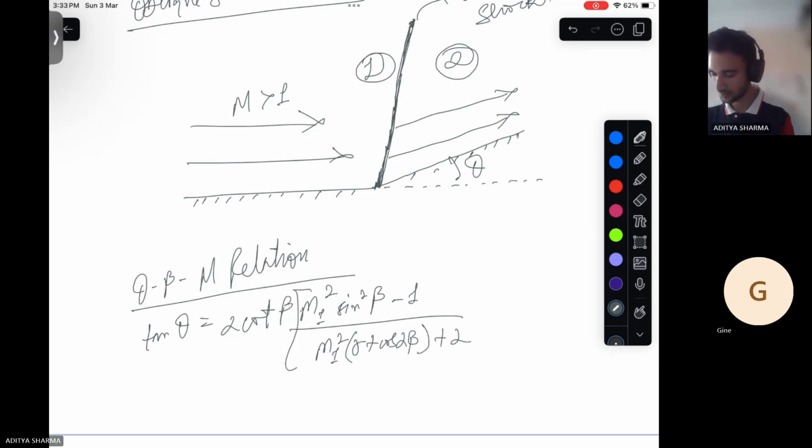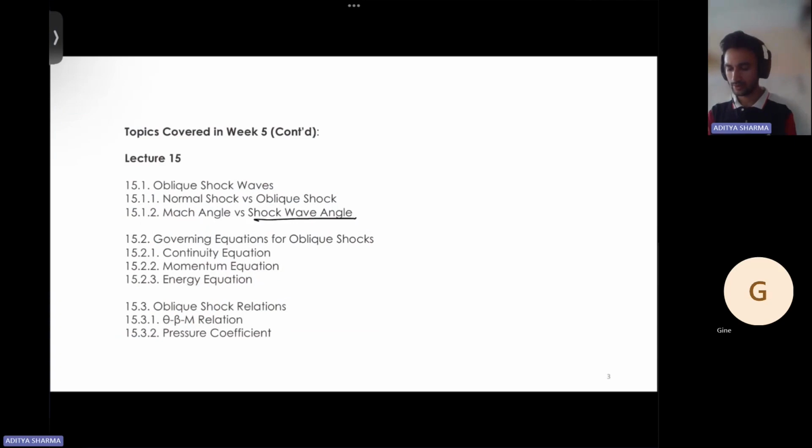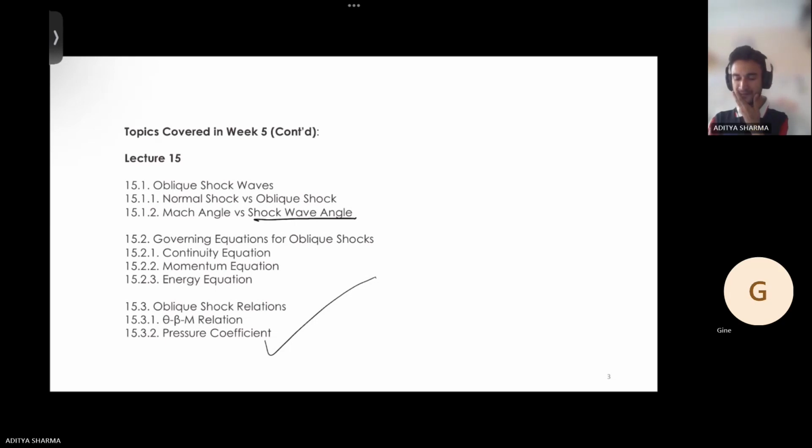So this is the theta-beta relation. I'll conclude the topics covered part here, and now that we have discussed these topics briefly, we should move on to questions.